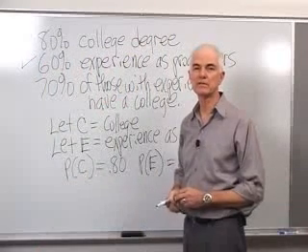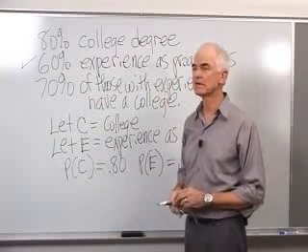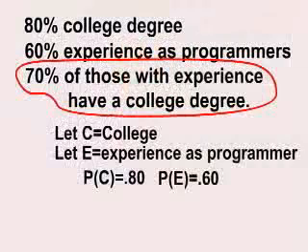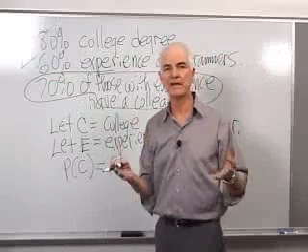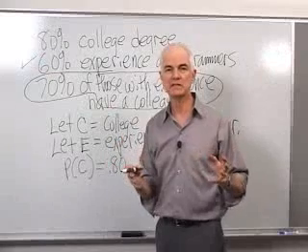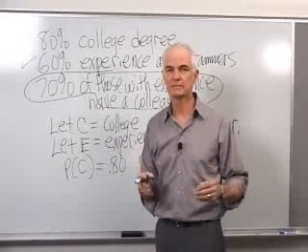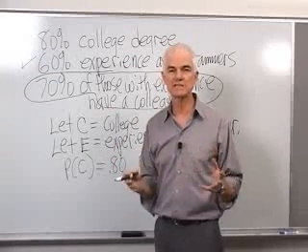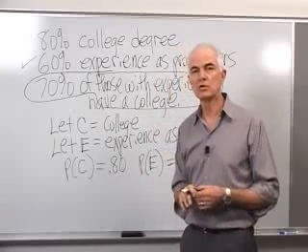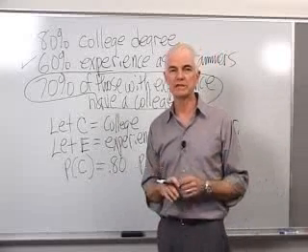Commonly, a more difficult statement to convert into mathematical symbols is represented by this third statement. So we have to think about, what is it? Is it 70% of all the managers, or is it 70% of some subset? Whenever you're dealing with a subset of the population, you're dealing with conditional probabilities.